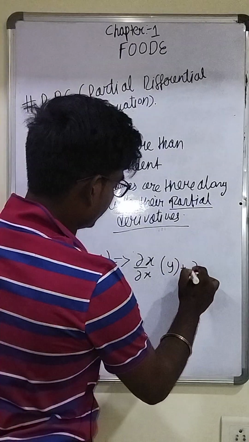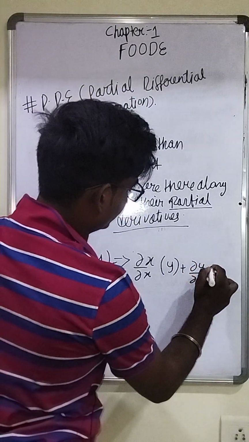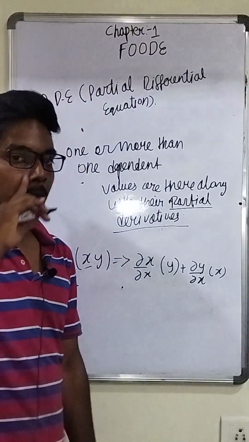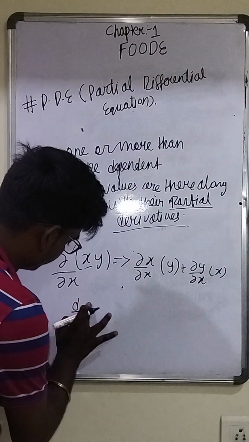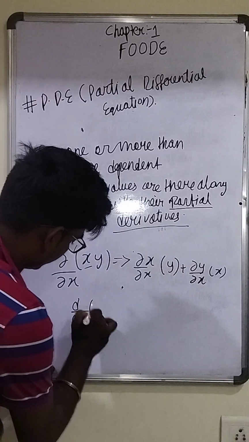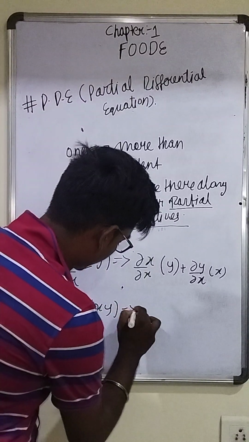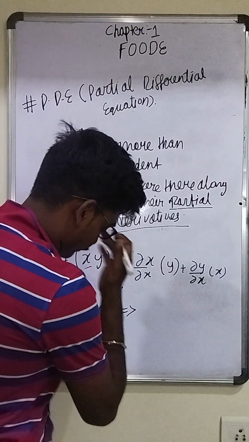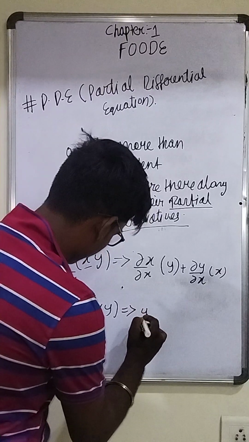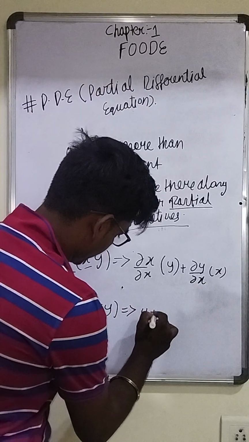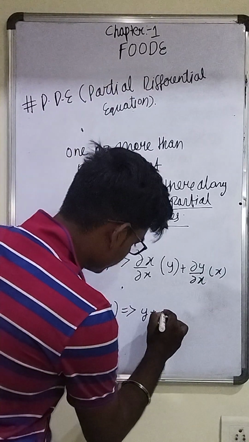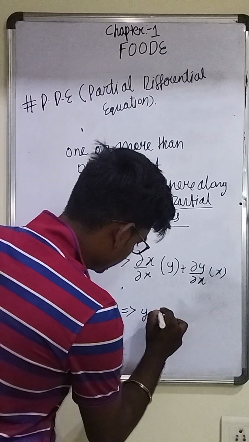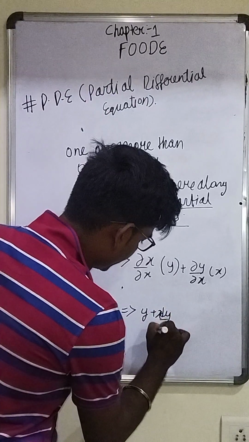In a normal derivative, d by dx of xy will be y plus x dy by dx.